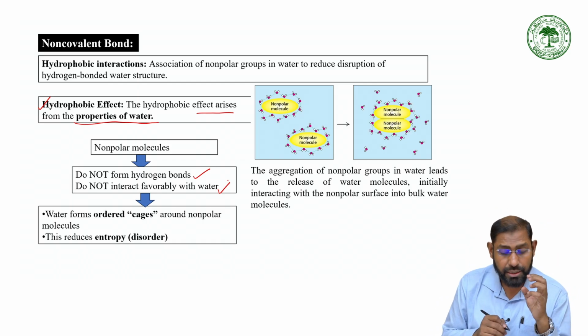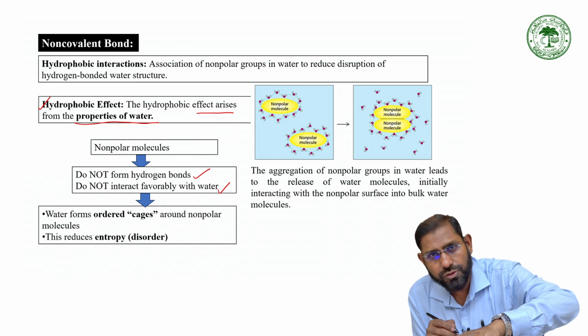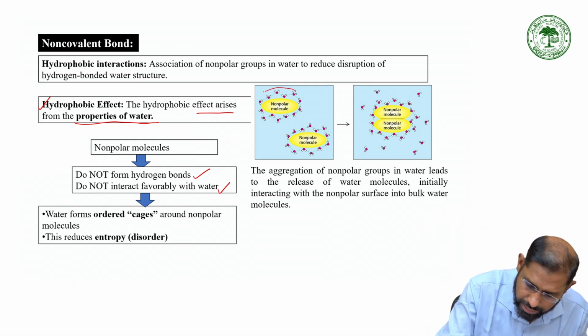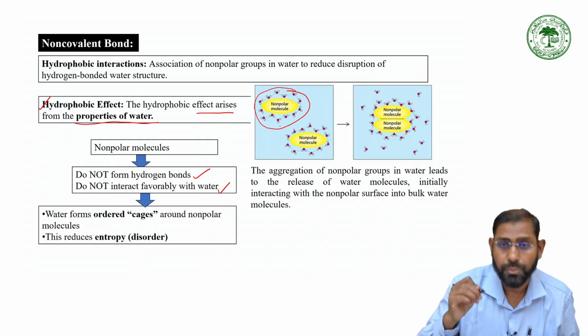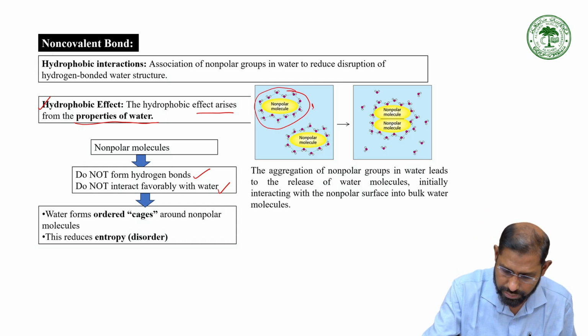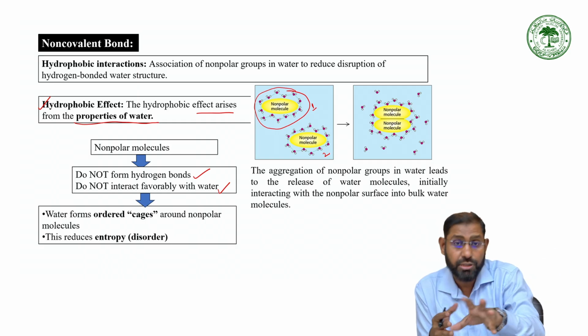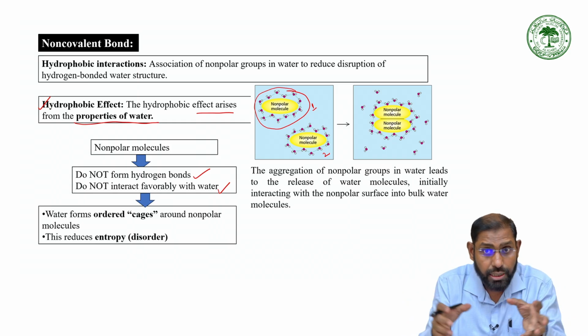So what happens if we add non-polar molecules to a water solvent? Water molecules form a cage around the non-polar molecules. This is one molecule and this is a second molecule. The water cages around them because it is not finding any hydrogen bonding partners. That's why it cages around the non-polar molecules.